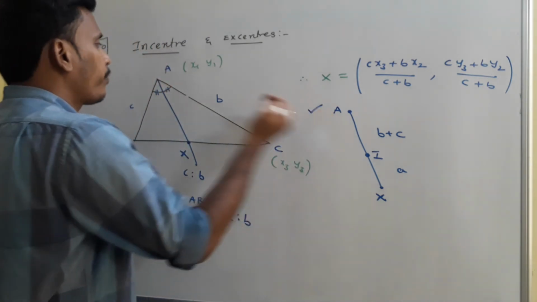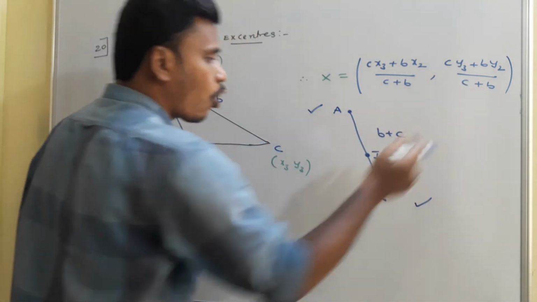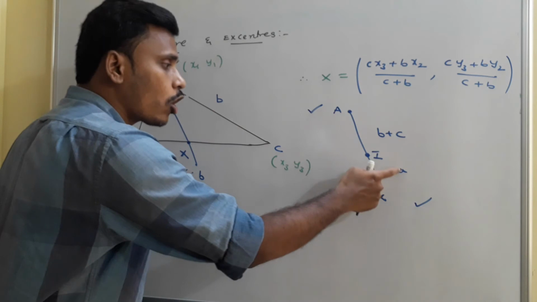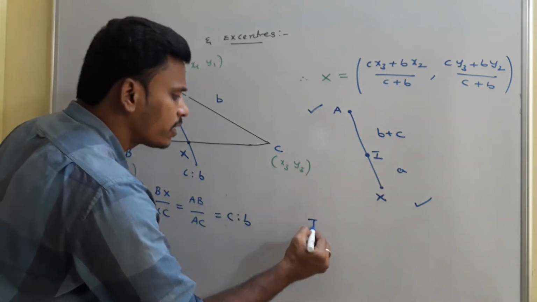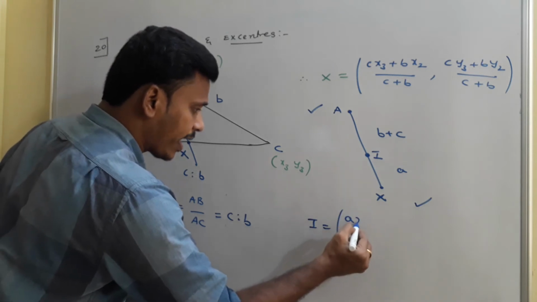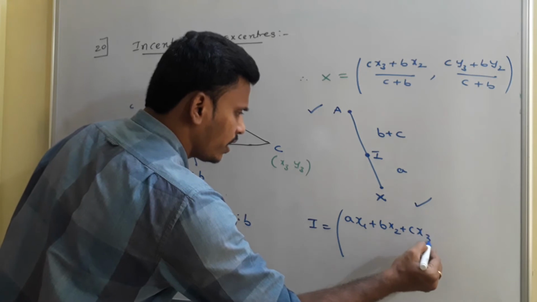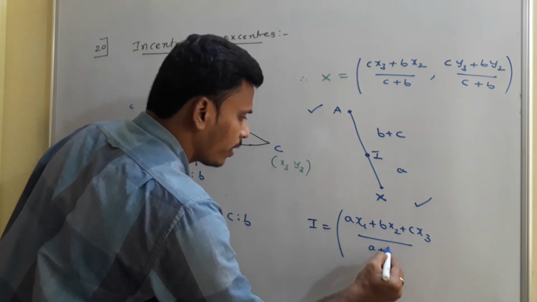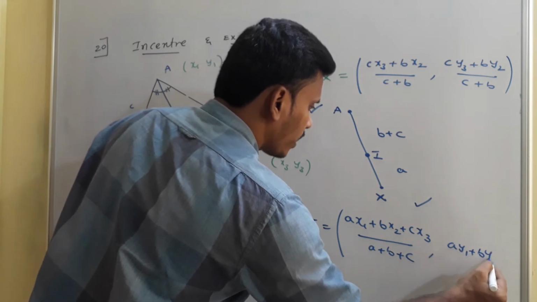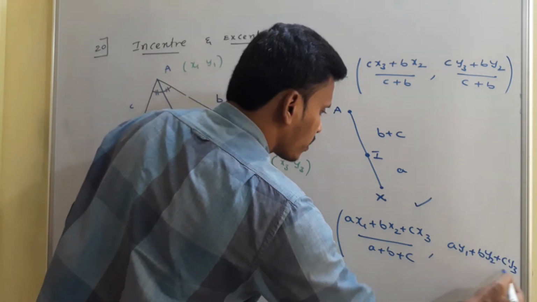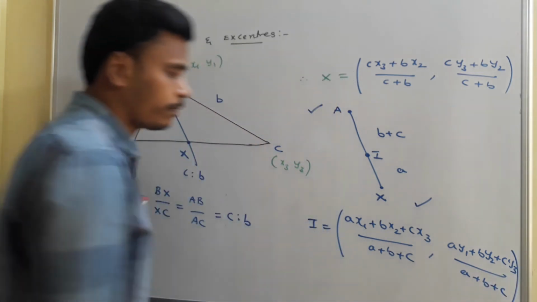Now we have A as (x1, y1) and X with these coordinates, and the ratio is also given, b plus c is to a. Then easily we identify the incenter as (a x1 plus b x2 plus c x3) divided by (a plus b plus c), comma, (a y1 plus b y2 plus c y3) divided by (a plus b plus c).